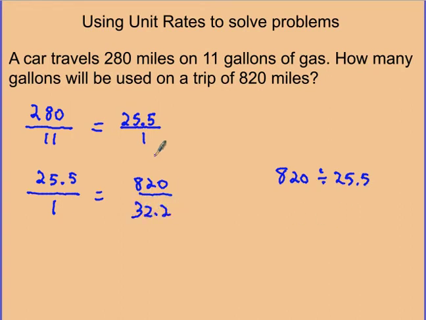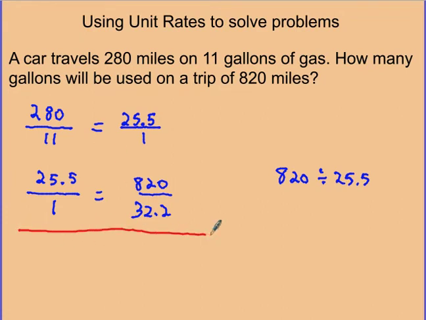So I'm going to need a little over 32 gallons of gas to go on my 820 mile trip. Okay, it's not that complicated. It's not that difficult. There's just a way to eliminate some steps by using a shortcut. So I want to show you the shortcut, and let's see what you think.